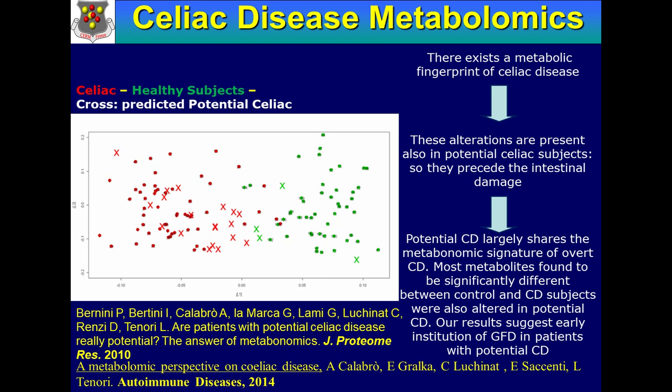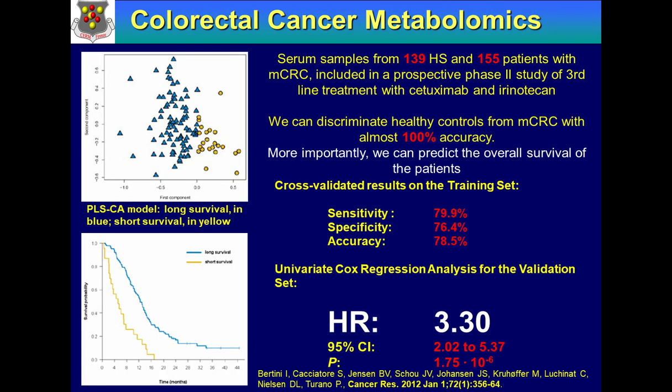We thought at the beginning that they would be normal because the way of functioning of their intestine is normal, but on the contrary, most of them were in the field of celiac disease people, which to us was very important because it signaled that the metabolic profile can help diagnose celiac disease before people even think of having the problem, which usually manifests as reactions to food and so on, and then it may take time. Not all people are recognized as celiac immediately, so this may have strong potential implications.